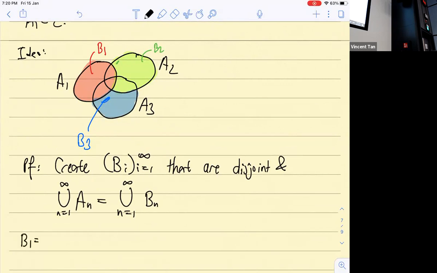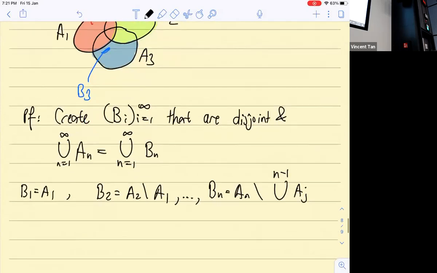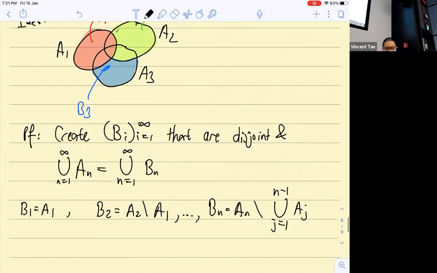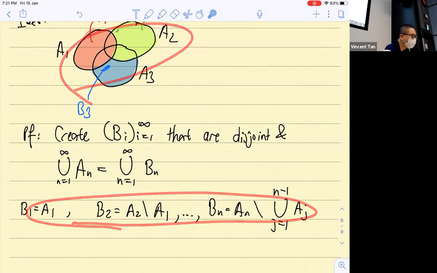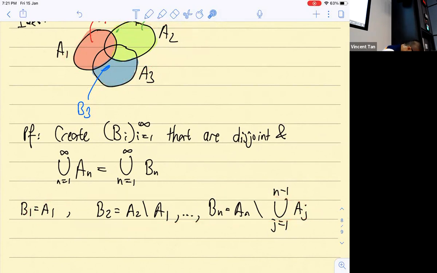You let B1 equal A1. You let B2 be equal to A2 minus A1. And generally, you let B_n be equal to A_n take away the union of A_j, j equals 1 up to n minus 1. So these formulas implement this picture here. And homework, show this property.